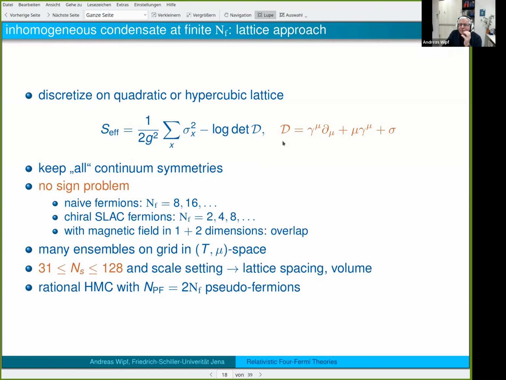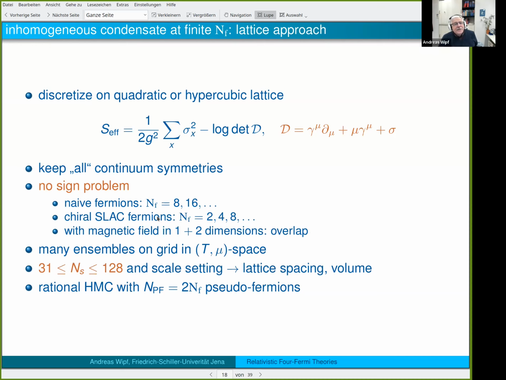And then, of course, as some of you may know, it's an issue which type of fermions you use on the lattice. If you discretize the model, you probably shouldn't use any fermions that break chiral symmetry drastically. So what we used are so-called SLAC fermions, and later on in the magnetic field we used overlap fermions.